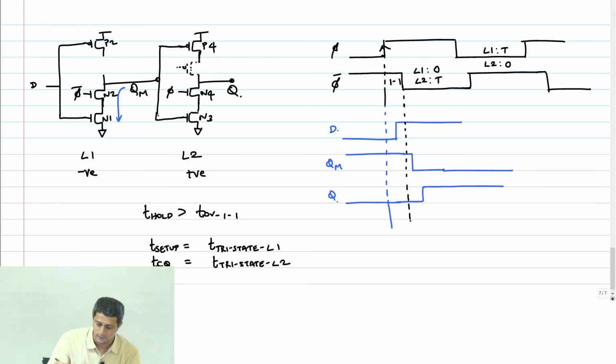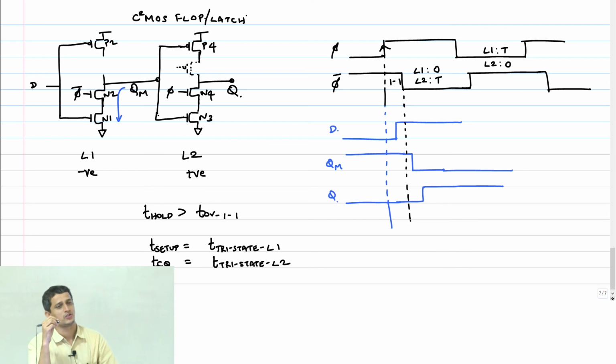This, by the way, is called a C-squared MOS flop, and each stage is basically a latch. C-squared MOS latch. Essentially, this is insensitive to clock overlaps.